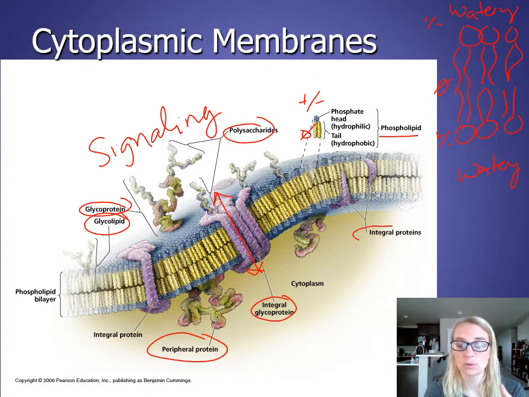Integral proteins can have some hydrophobic components, allowing them to be integrated into that lipidy part of the phospholipid bilayer. So hopefully that's a good review for you. It's kind of coming back. Oh yeah, phospholipid bilayer, selectively permeable, made up of these amphipathic phospholipids, allowing things to move through freely or through an ion channel or a transport channel.